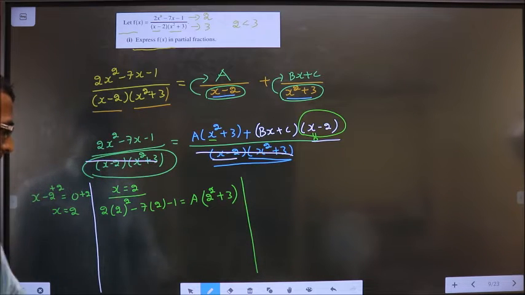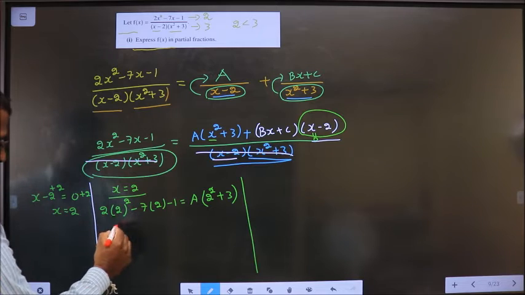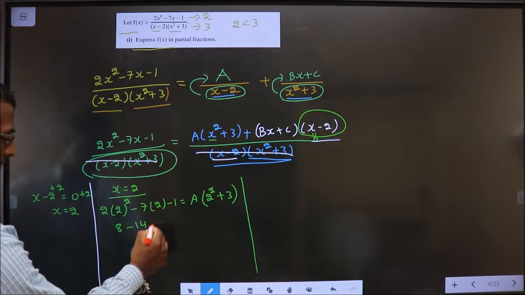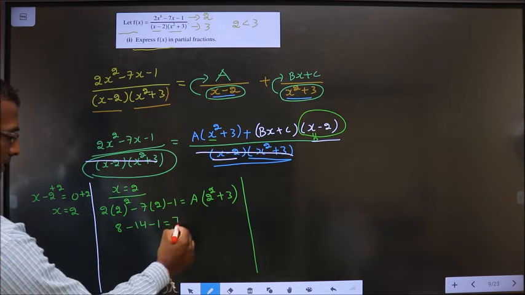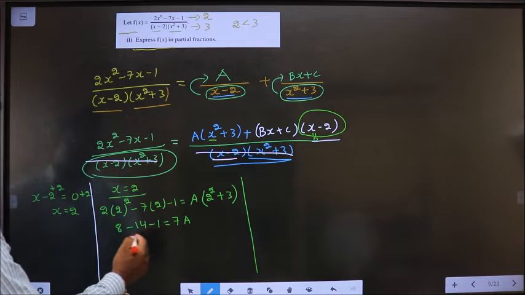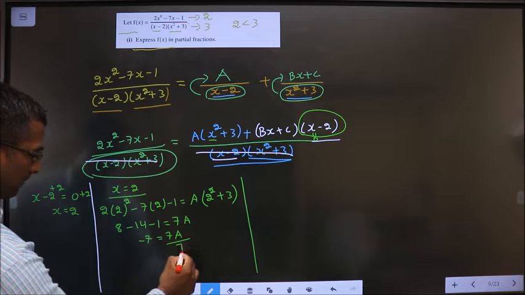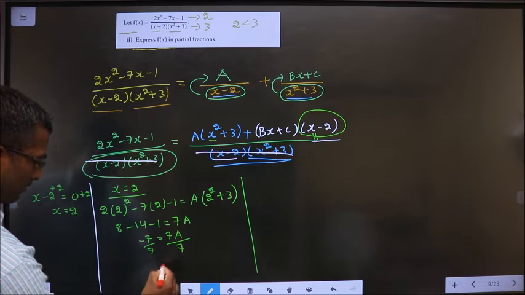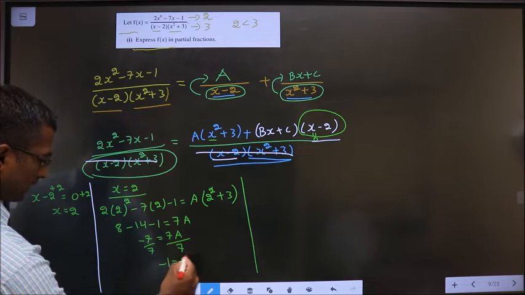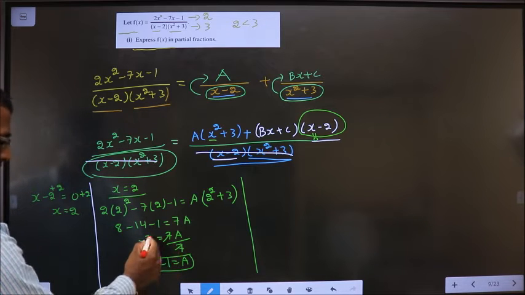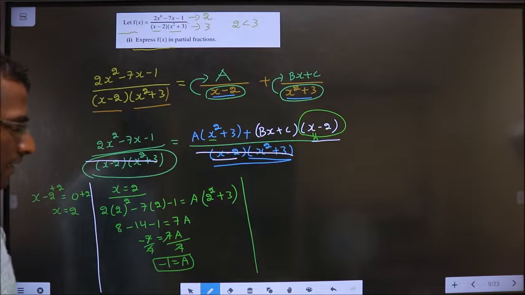Okay. Now, here it is 2 into 4 is 8, minus 14 minus 1, equal to 4 plus 3, 7a. So here you get minus 7 equal to 7a. Now divide by 7. So minus 1 is equal to a. Clear? We got the value for a.